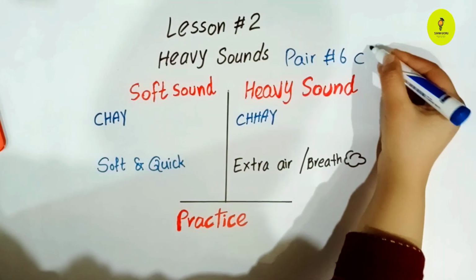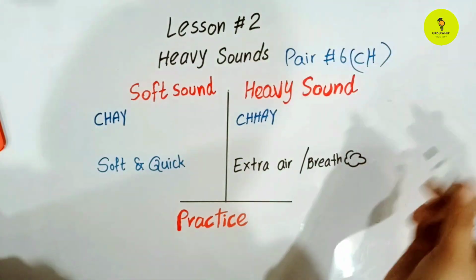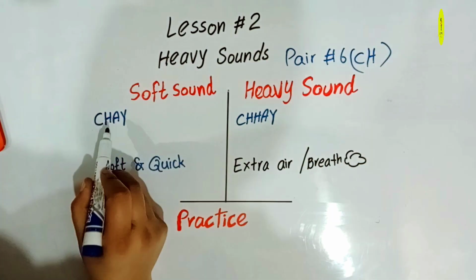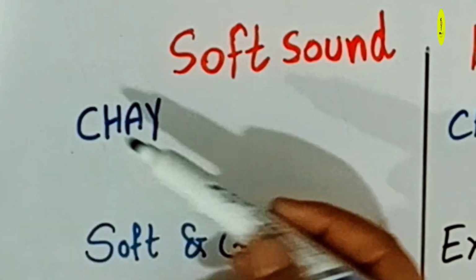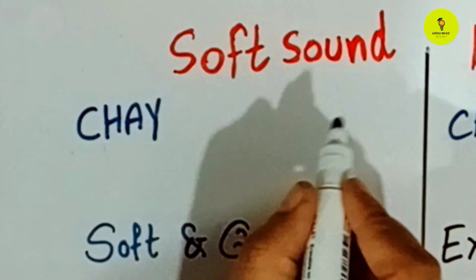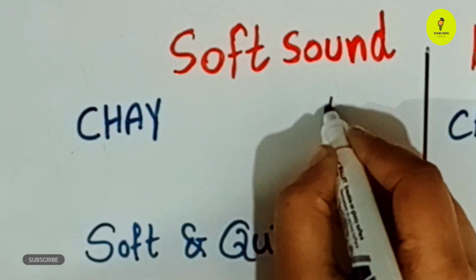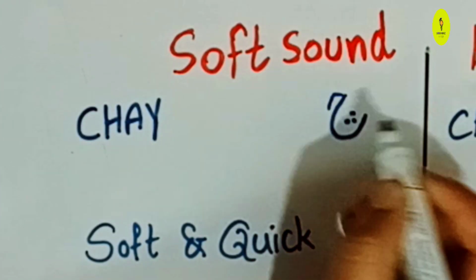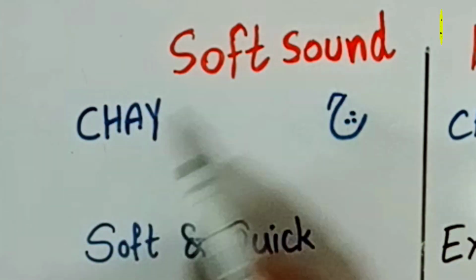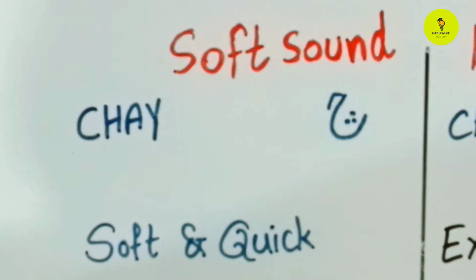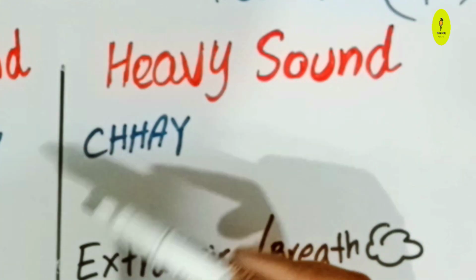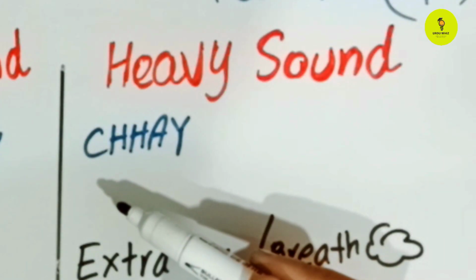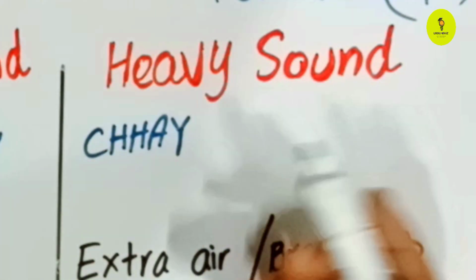Our pair number 6 is the sound of CH. Chay. I will write here, it's Urdu. The alphabet Chay, and its heavy sound is Chhay. Feel the difference.